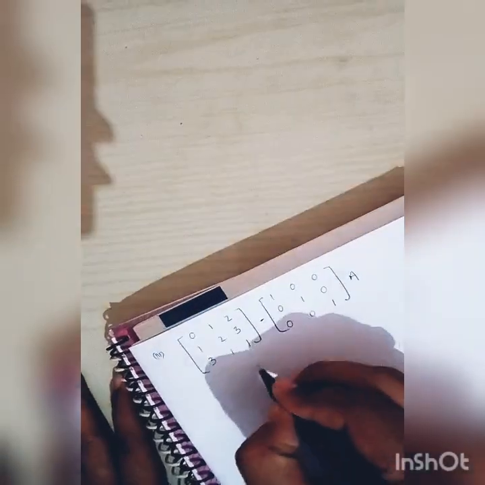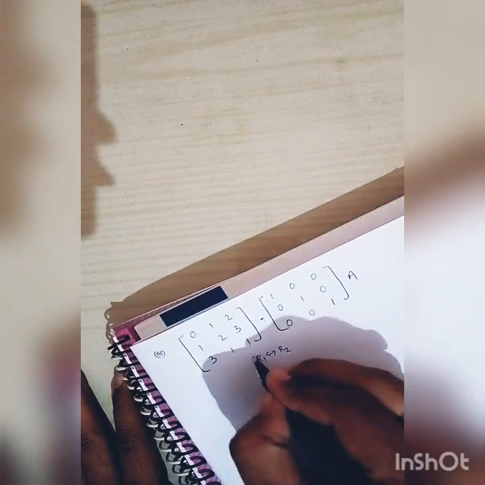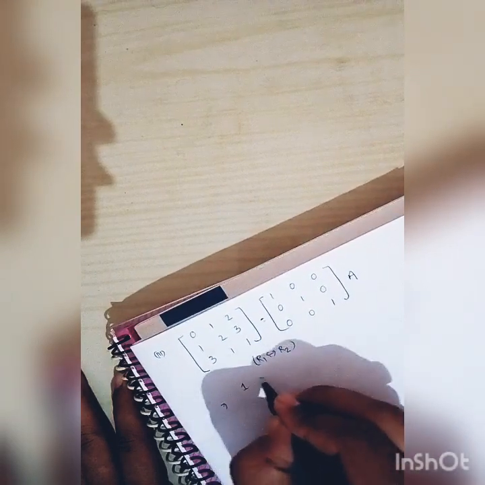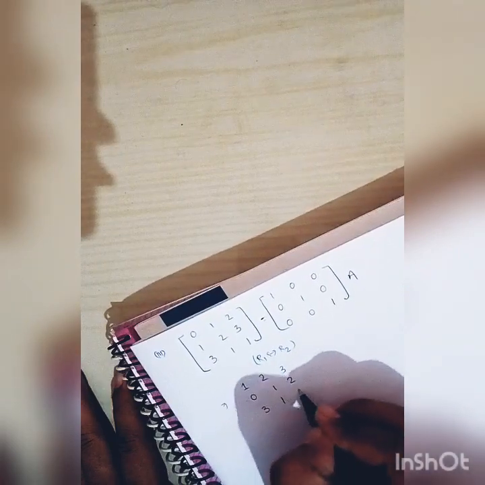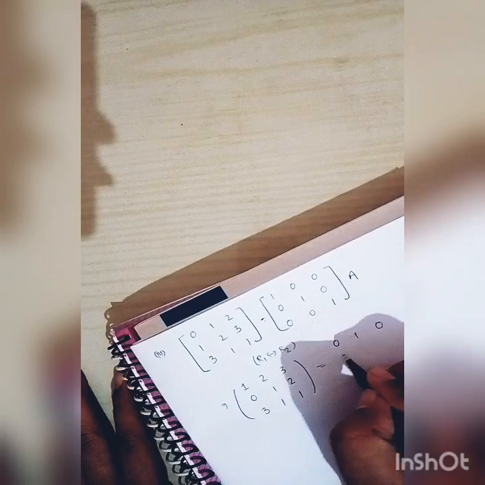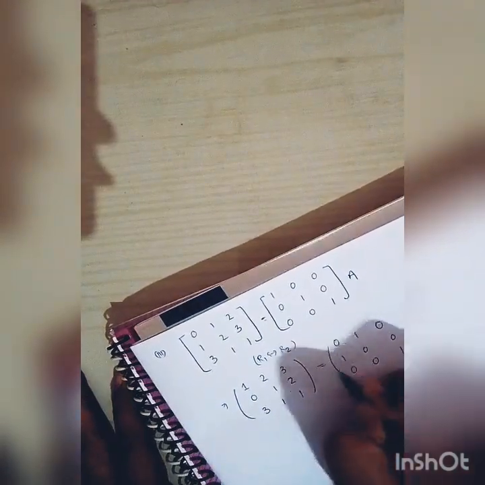If we interchange row 1 and row 2, then step 1 is completed. So use the property row 1 interchange with row 2. By applying this, we can write 1 2 3, 0 1 2, 3 1 1. Again on the right side, 0 1 0, 1 0 0, 0 0 1.